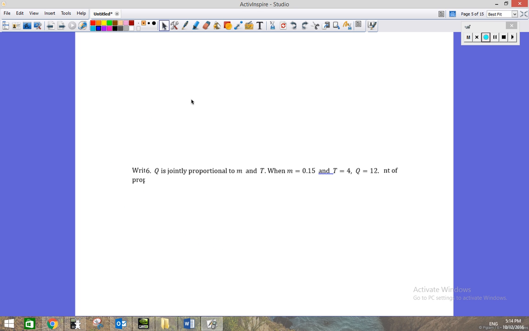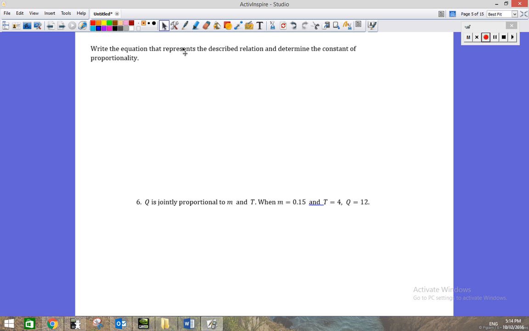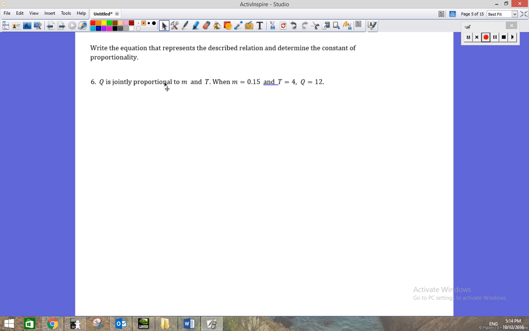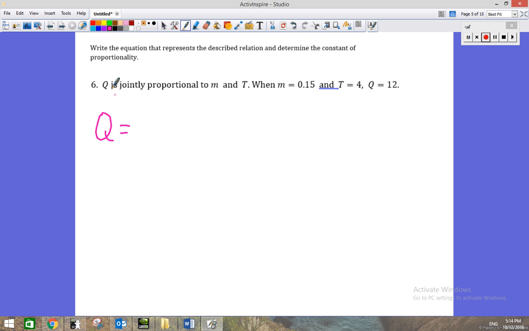Alright, so when I see these directions, when I see q is jointly proportional, I'm thinking more than one variable follows. It's all multiplication. So I've got q, my constant of proportionality, and since it says jointly proportional, it's k times m times t. Now, they give me enough information that I'll be able to determine what this constant k is.